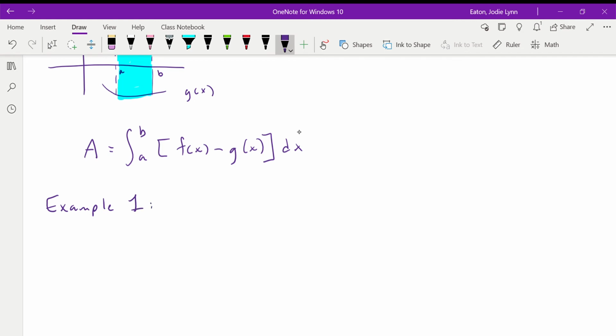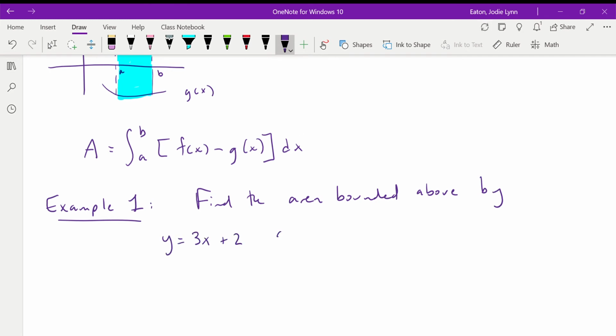Example 1. Find the area bounded above by y equals 3x plus 2 and below by y equals x cubed minus 1 on the interval between 0 and 2.